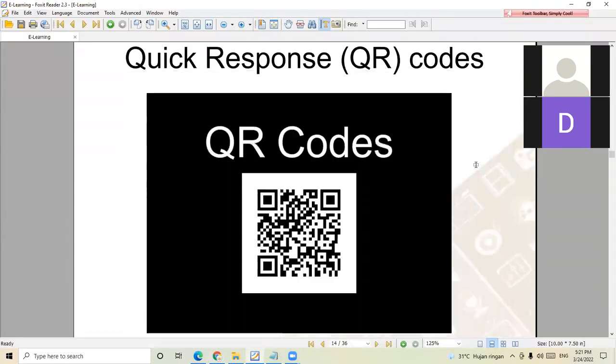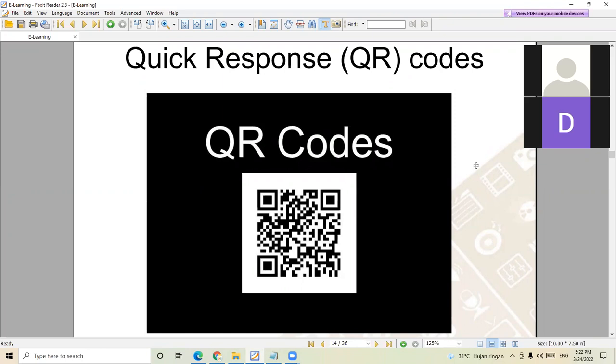QR codes. Before, we used barcodes. As technology advances, now they are introducing QR codes because they are more sophisticated and more advanced. If we are using barcodes, we have to scan at a perfect angle in order to scan properly.